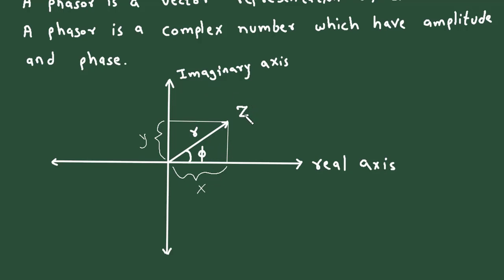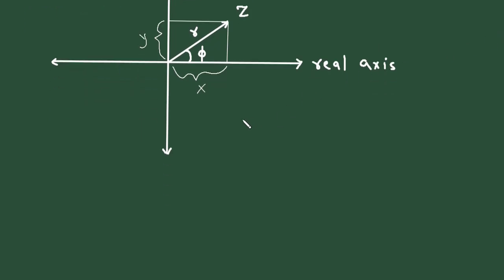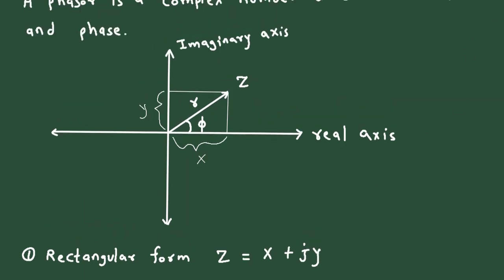Now this phasor z can be represented in three ways. Number one is rectangular form. So in case of rectangular form, z is equal to x plus jy. This z is a complex number, it is equal to x, that is this x component, it is on real axis, and then plus this y.